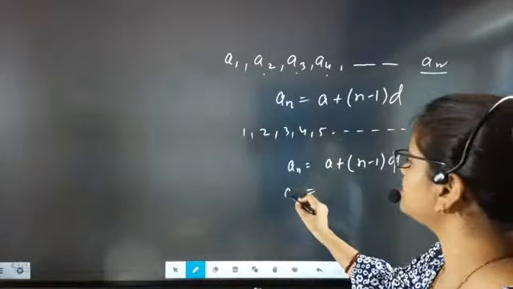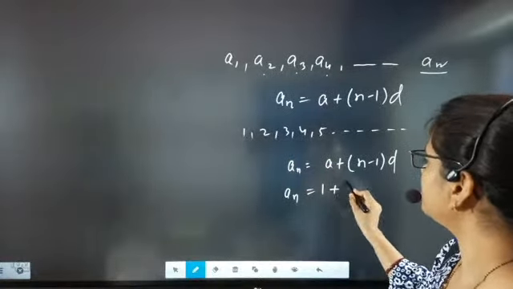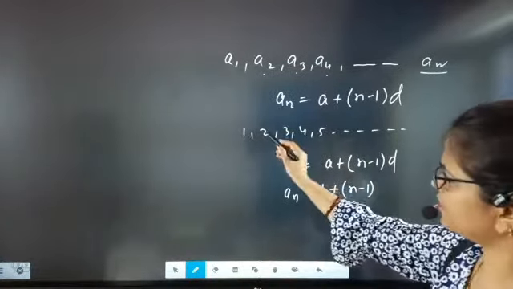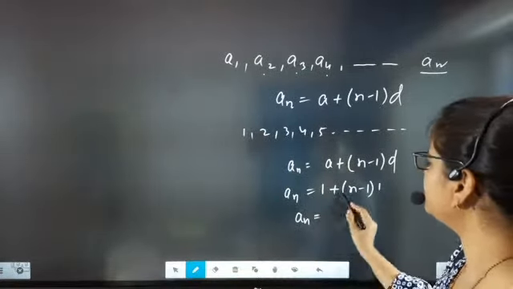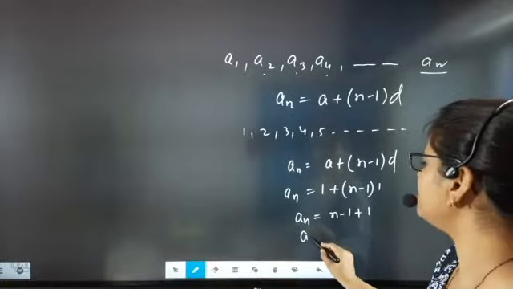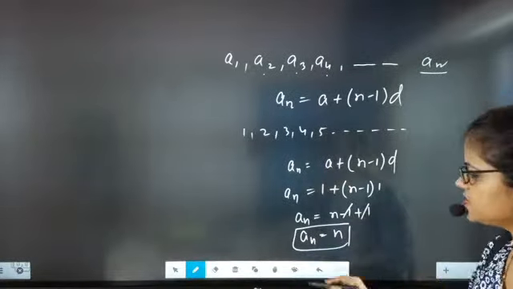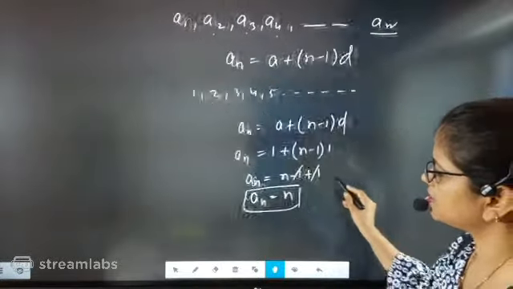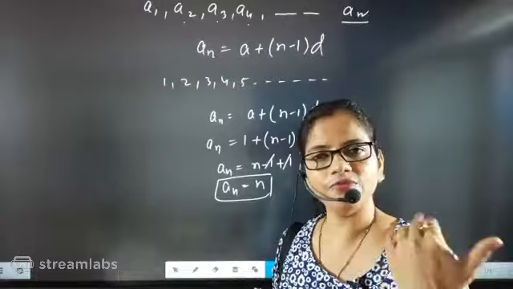Here A is 1, number of terms is n minus 1, and common difference is 2 minus 1, which is 1 only. So the nth term will be 1 plus n minus 1 into 1, which is n only, beta, because plus 1 and minus 1 get cancelled. So this nth term we got from the beginning.